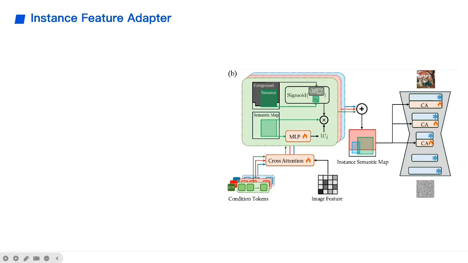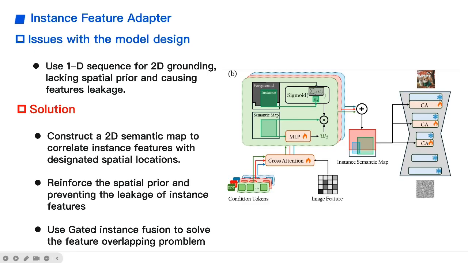To address the lack of spatial priors, we introduce a 2D map-based guidance mechanism. The idea is to generate a feature map for each instance by performing cross-attention between the appearance tokens and the image tokens. To enforce the spatial priors, we restrict each instance to only attend to its corresponding region in the image.